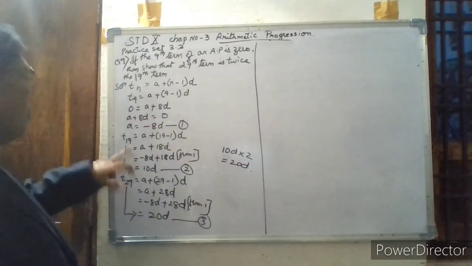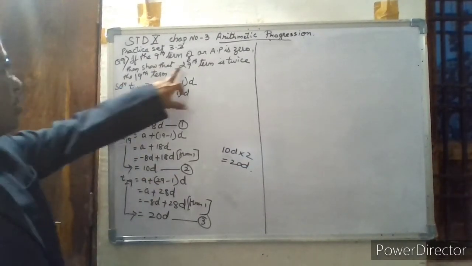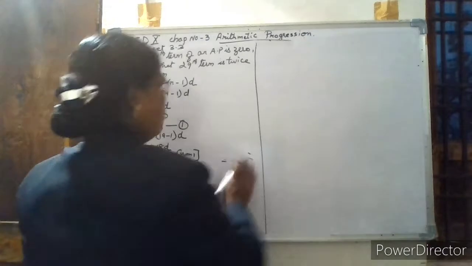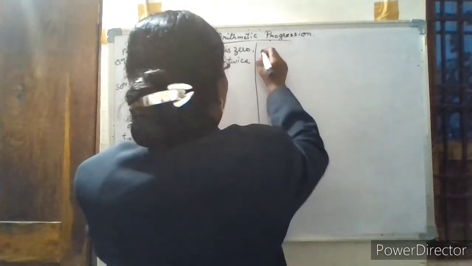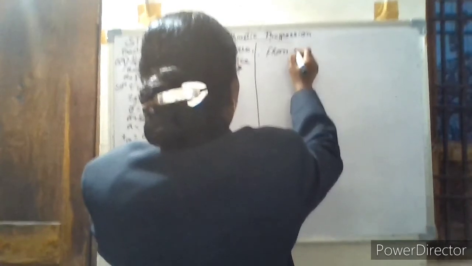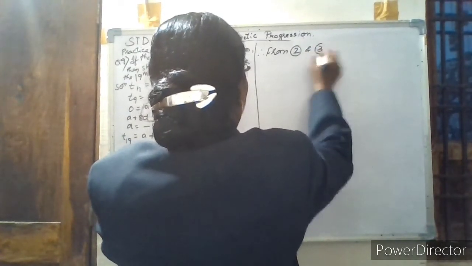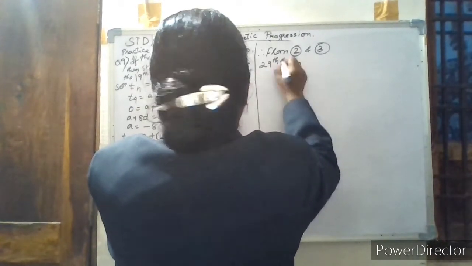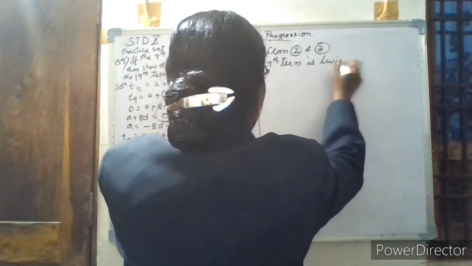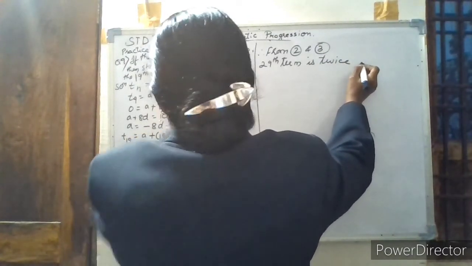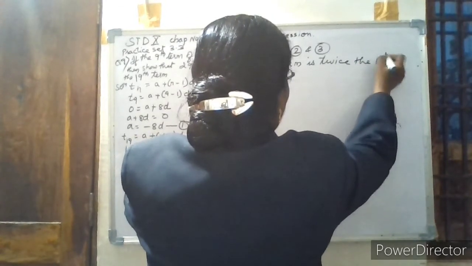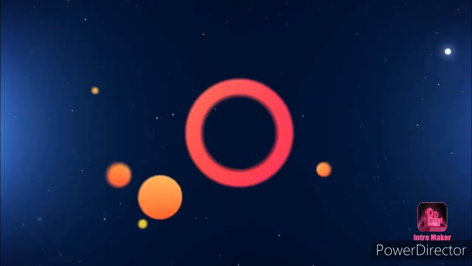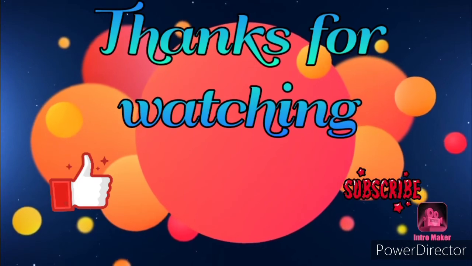Therefore, from equations 2 and 3 we can say that the 29th term is twice the 19th term. Okay, this is the solution.